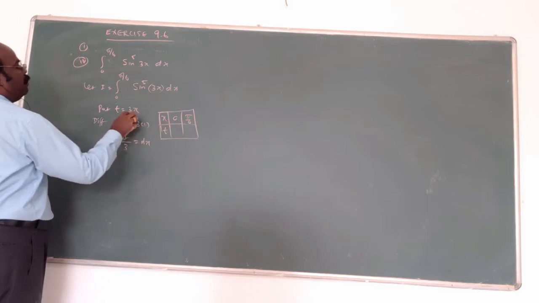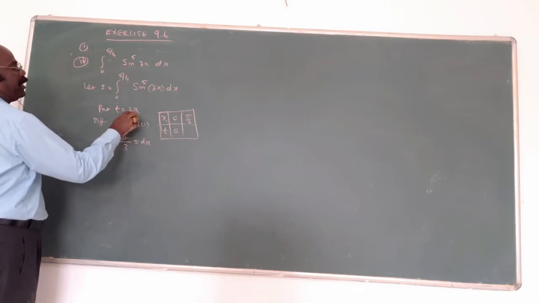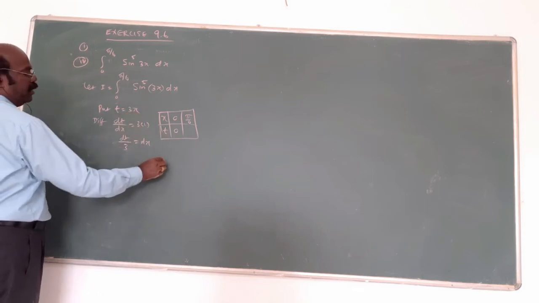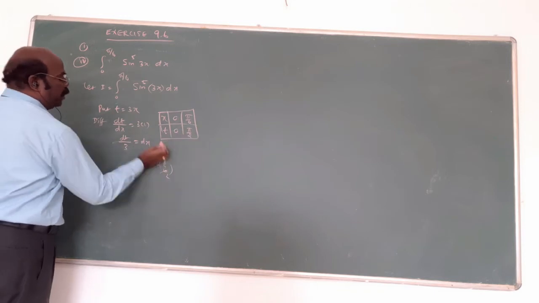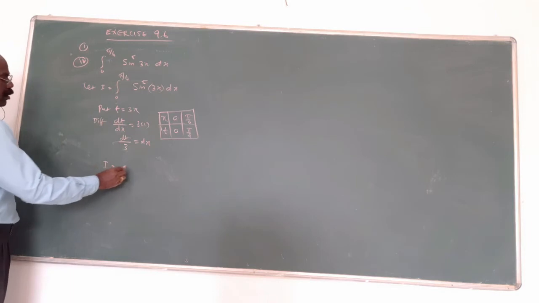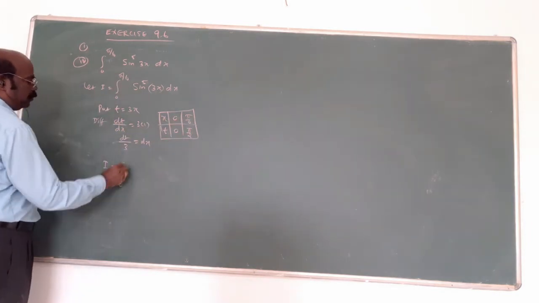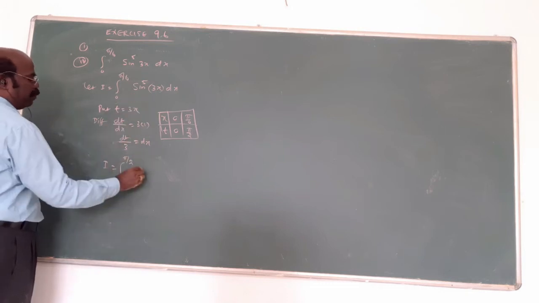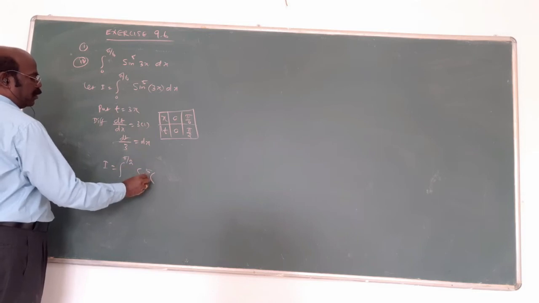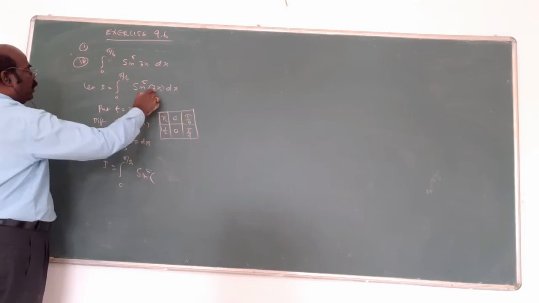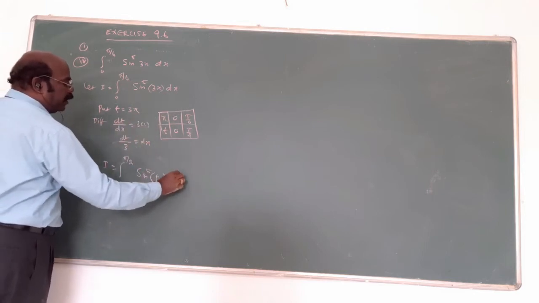When x equals 0, t equals 3 into 0, which is 0. When x equals pi by 6, t is 3 into pi by 6, and cancelling, pi by 2 will come. Now I, from 0 to pi by 6, becomes 0 to pi by 2, the sin power 5 of 3x becomes sin power 5 of t, and the dx becomes dt by 3.